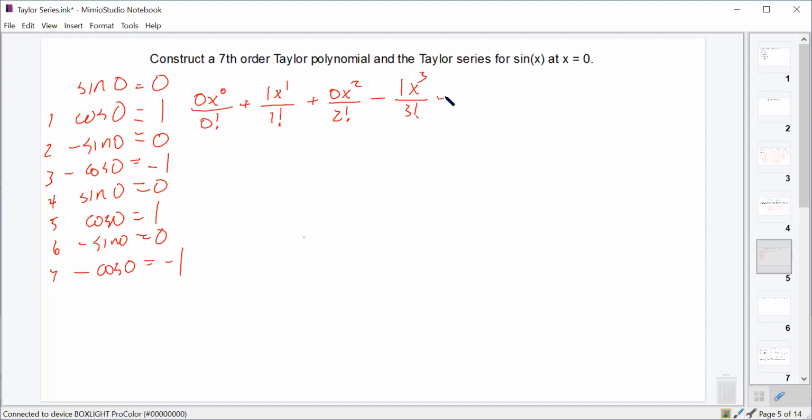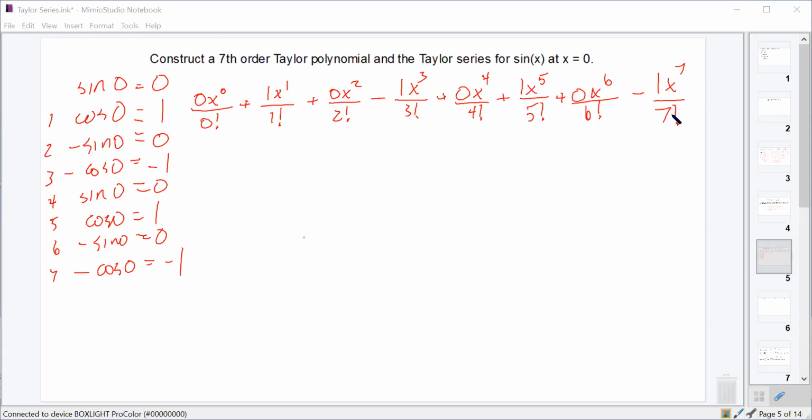Then 0 x to the 4th over 4 factorial. Then, and another 0 x to the 6th over 6 factorial, and then a minus x to the 7th over 7 factorial. Everybody agree with that?